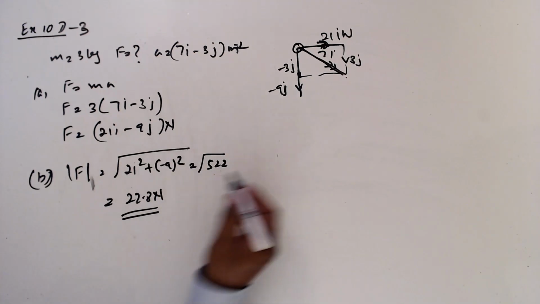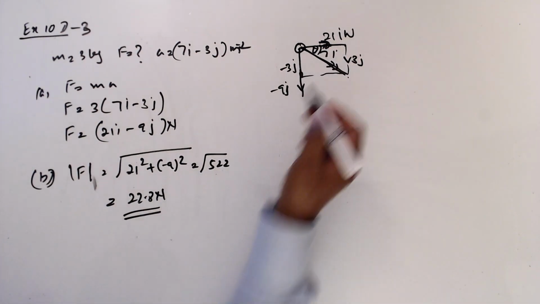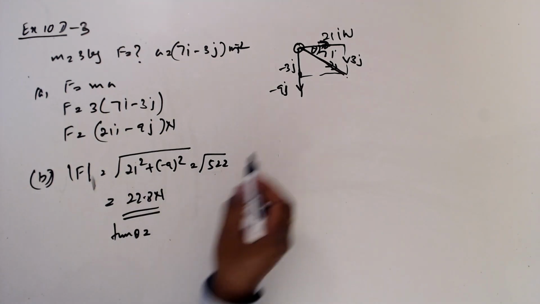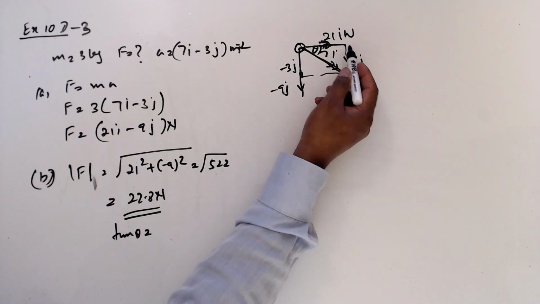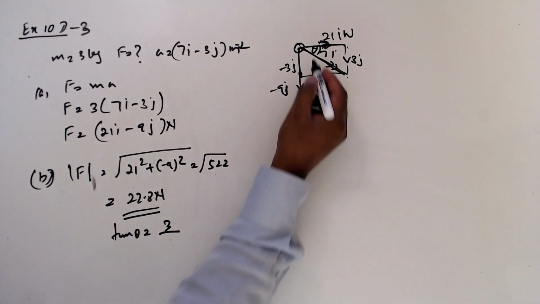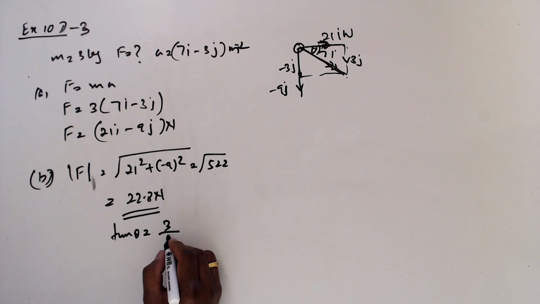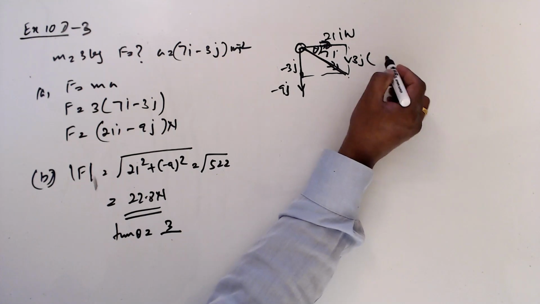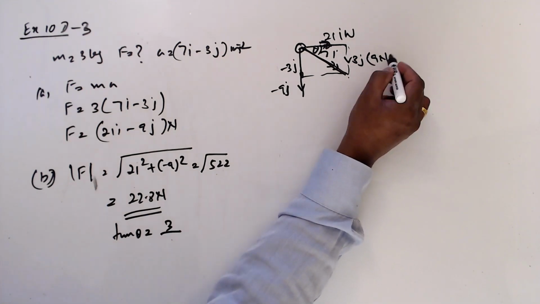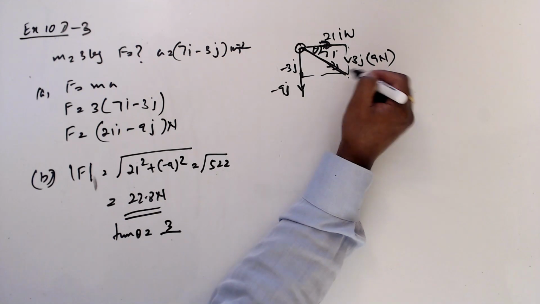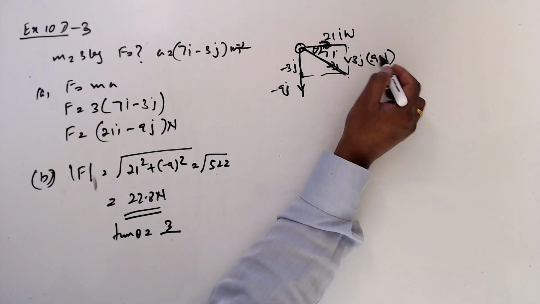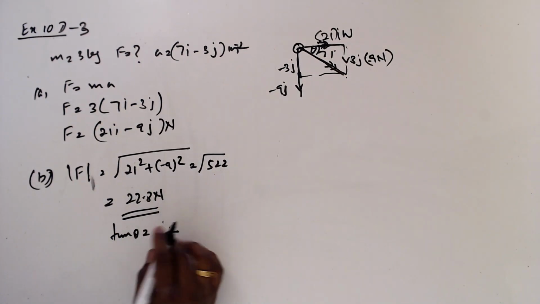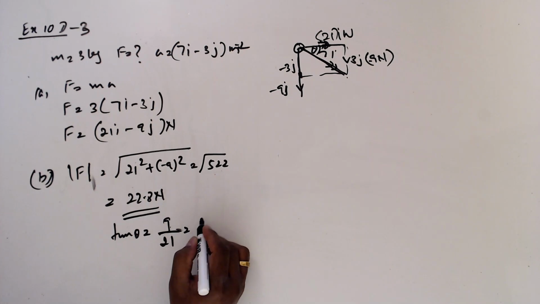And tan theta: if this is theta, tan theta equals this distance of 9 Newtons over this distance of 21, because this is 9j. So 9 divided by 21.